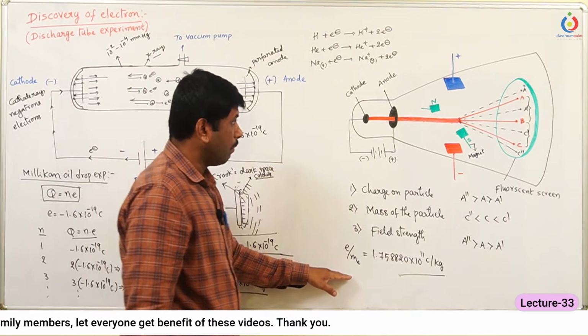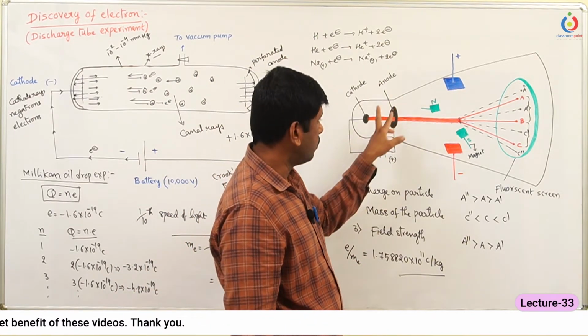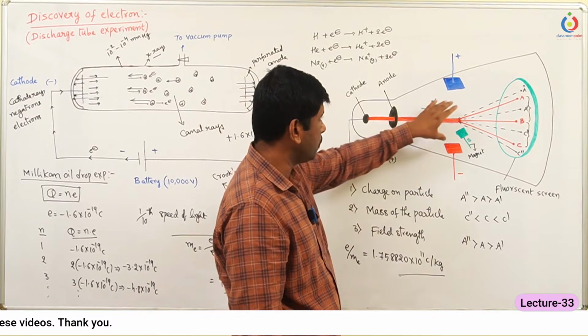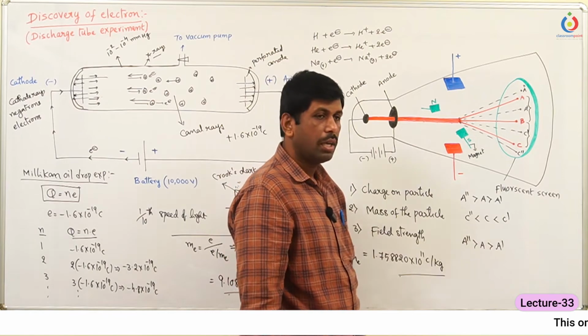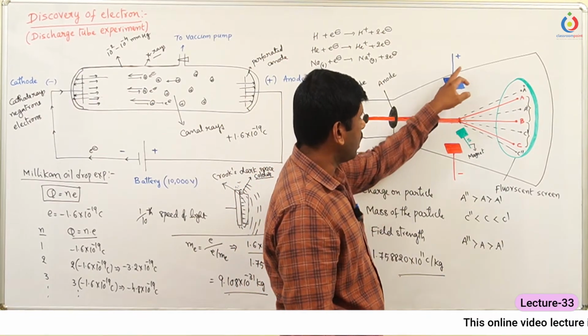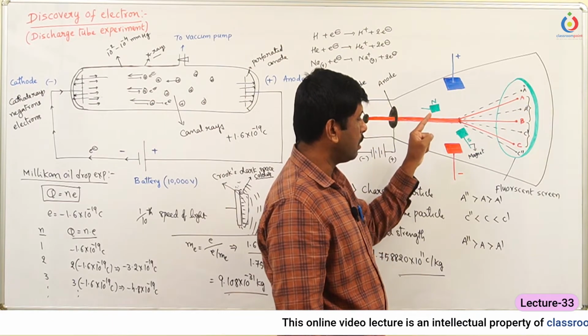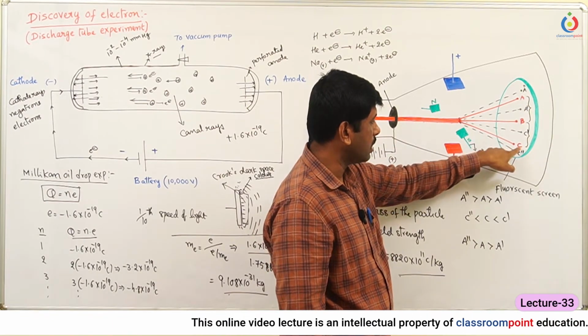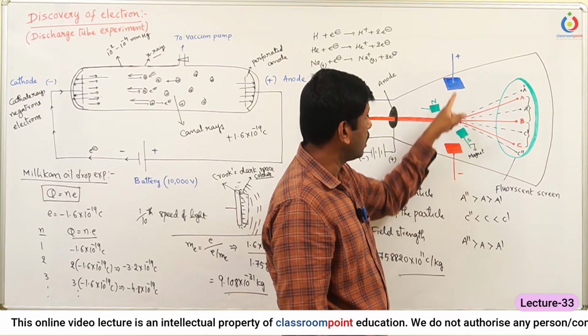Now, when protons are used in this tube, if you change the cathode and anode, the behavior of the protons is exactly opposite to the cathode rays. Earlier, when the electric field was applied, the cathode rays hit the screen at point A, but if you use protons, they hit the screen at point C. Why? Because they are attracted by the negative field, not the positive side.